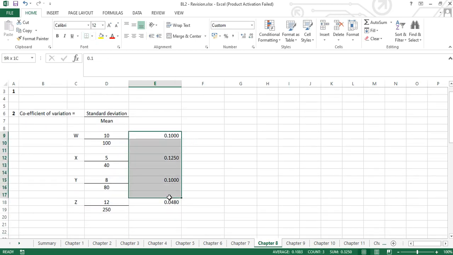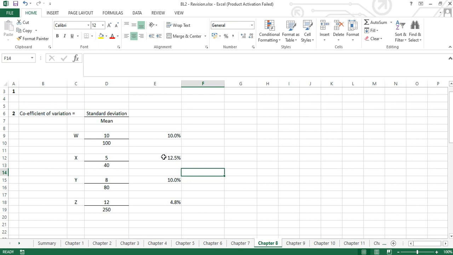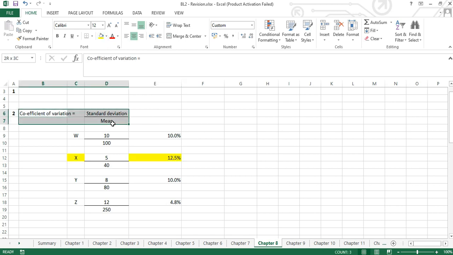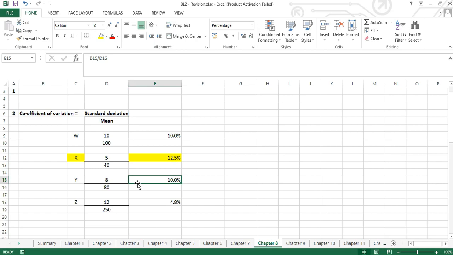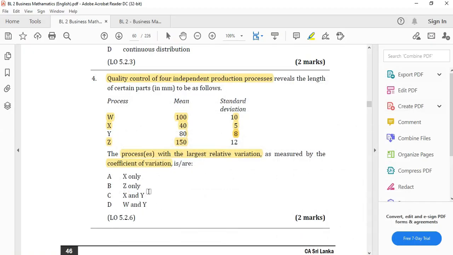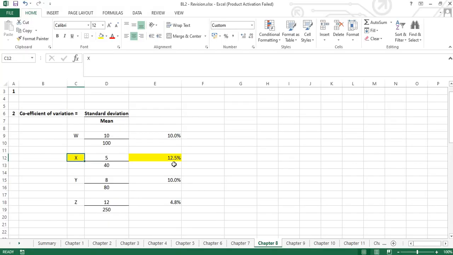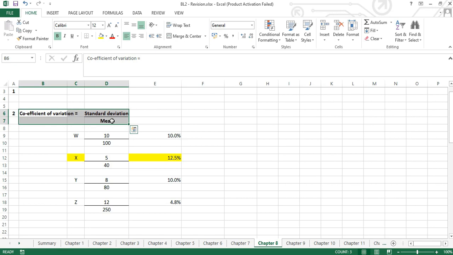So if you convert this to percentage, now just tell from the look of it, what is the highest coefficient? 12.5, and what process does it belong to? Process X. So the key learning is learning the formula, and therefore process X will be the answer, because that has the highest, others are the same as 10 and the one is below that. Okay, so learn this formula, memorize it.